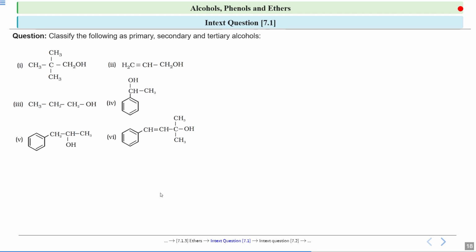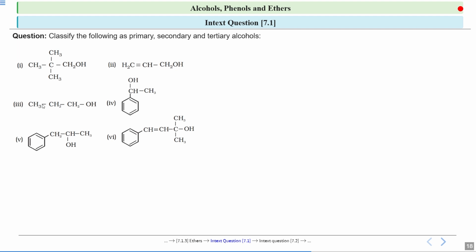Okay, now let's practice an in-text question. In-text question 7.1: classify the following as primary, secondary and tertiary alcohols. We have been given 6 molecular structures. You have to classify them as primary, secondary or tertiary alcohols. The first one is CH3, CH3, CH3, CH2OH. The second one, CH2 double bond CH, single bond CH2OH.